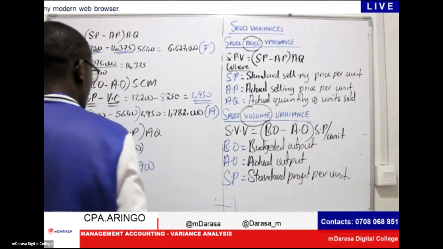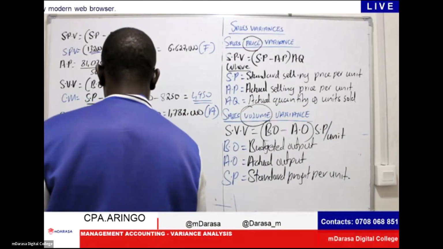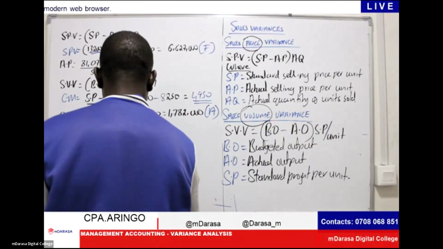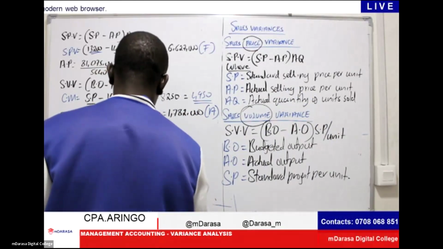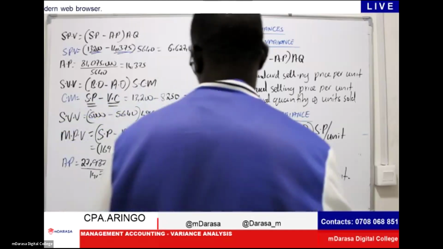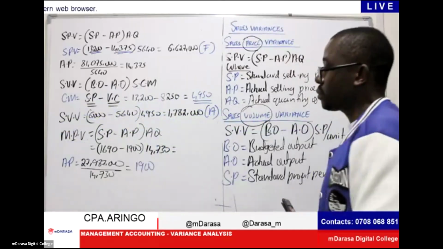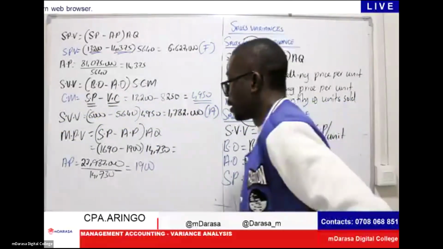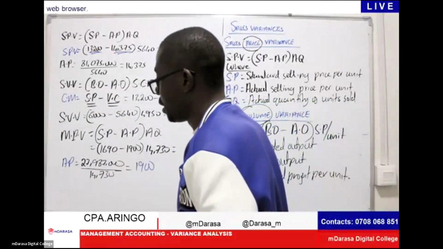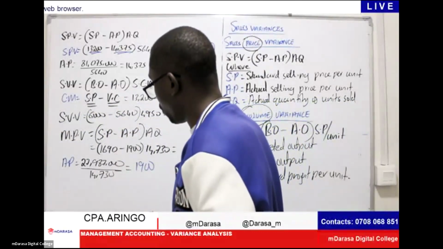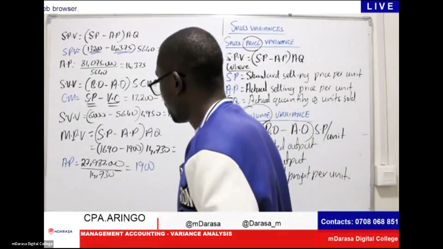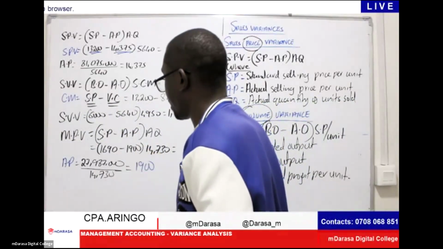The actual quantity of the materials that we bought being 14,730. You had planned to spend 1,690 on purchase of 1 unit of measure. You ended up spending 1,900.